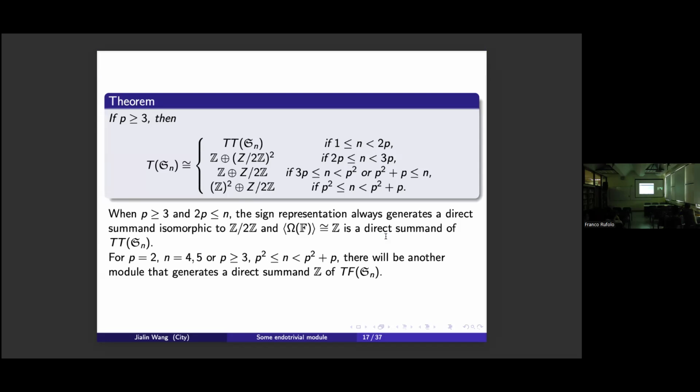So what would be the CCG of the sign representation? Would it be itself, or should it be F, or how does it go? Yes, I think it will be itself. Yes. So you'll get a periodic module.